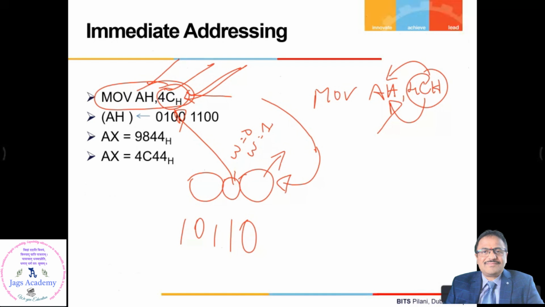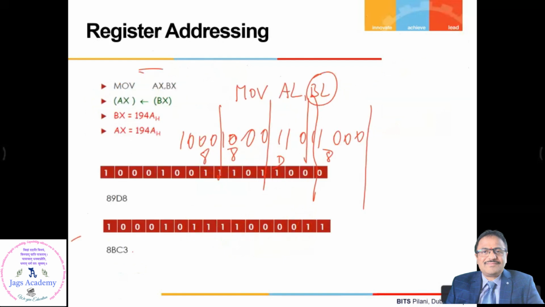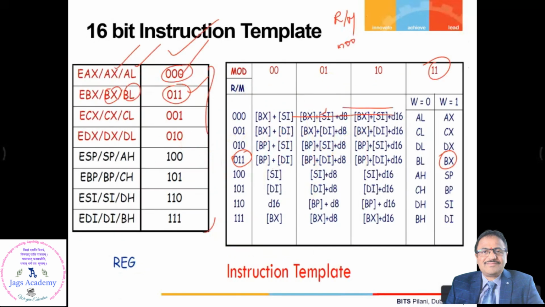It is for AH. For AX, AH, it is the same. Are you sure? Let me check. Yes, 100. Correct. Okay, fine.